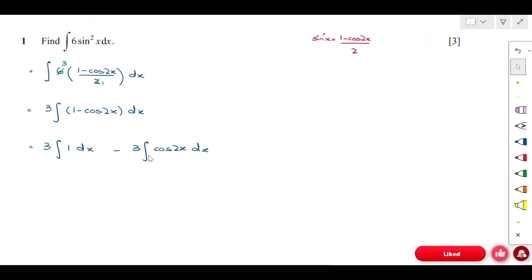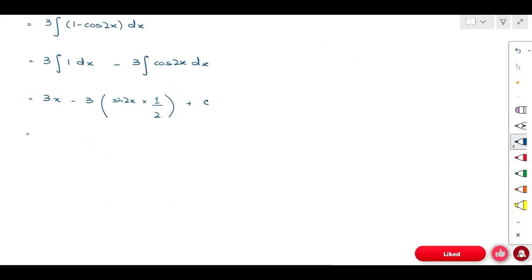Now let me apply the integration. So it is 3 times the integration of 1 with respect to x, which is just x, minus 3 outside, and the integration of cos x is sin x, so the integration of cos 2x is sin 2x multiplied by 1 over the derivative of the angle 2x, which is just 2, plus some constant of integration.